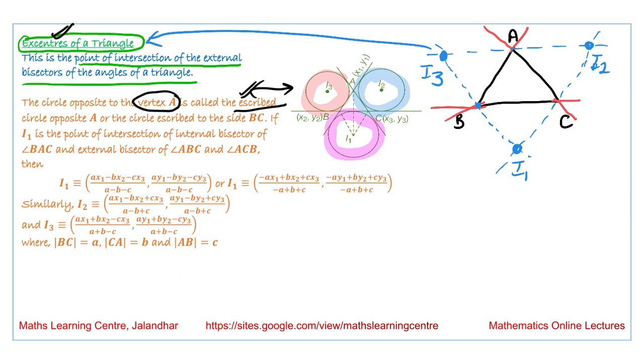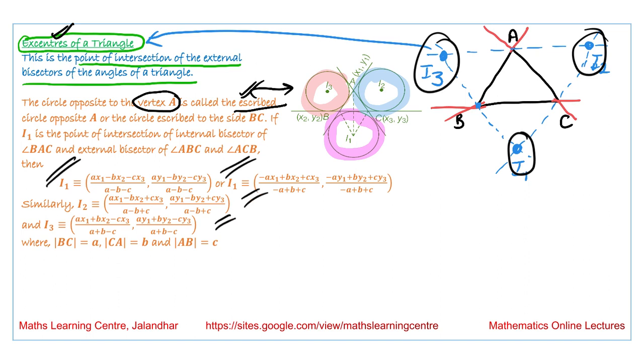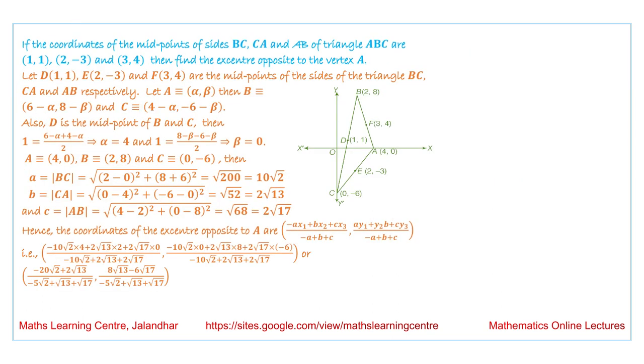As we have already seen, the coordinates of these points I1, I2, I3 are given by these formulas, where these are the lengths. These come from the formula of the external bisector that we have already seen in our previous lectures.